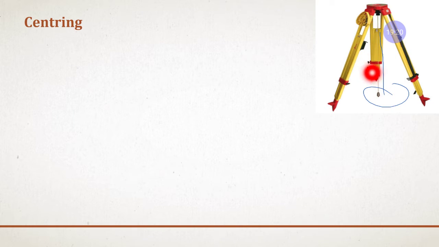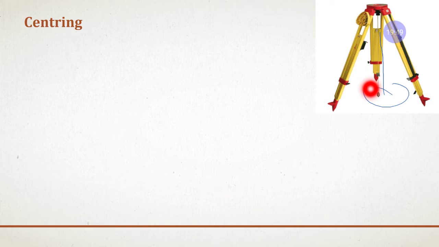This is a plumb bob, a thread with a solid bob at the end, which hangs vertically, made to hang such that it falls freely from the top, so that it shows the verticality of the station point.